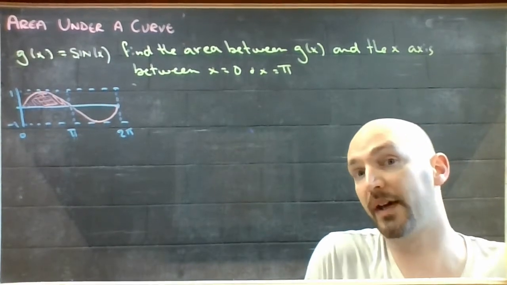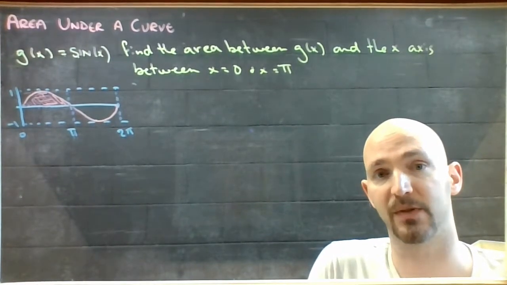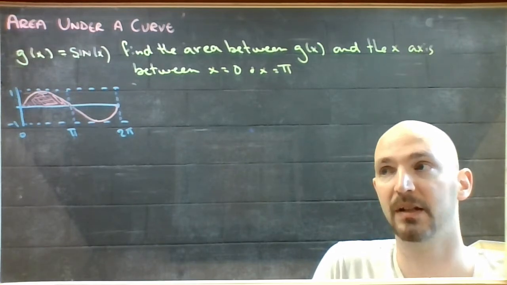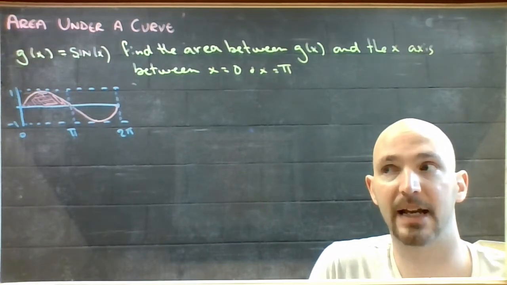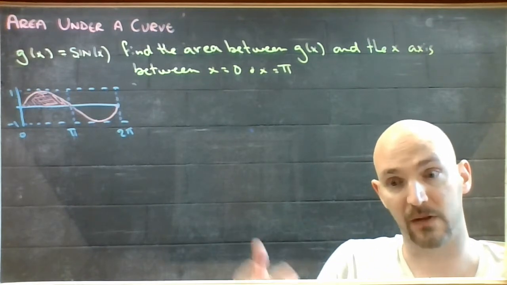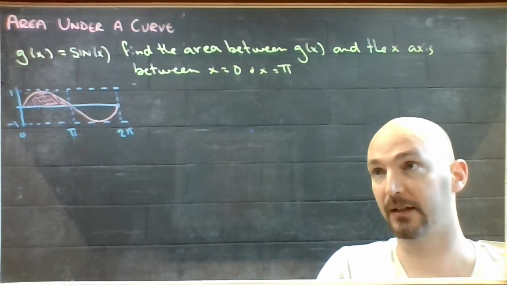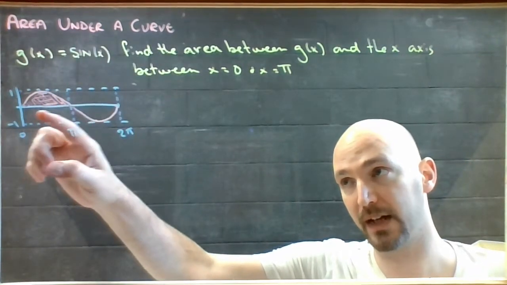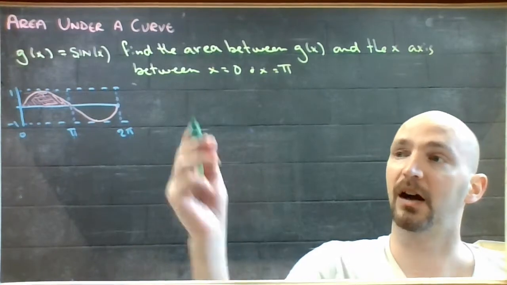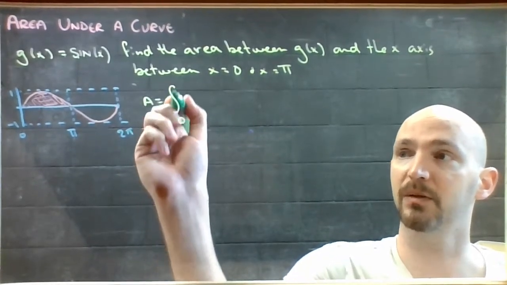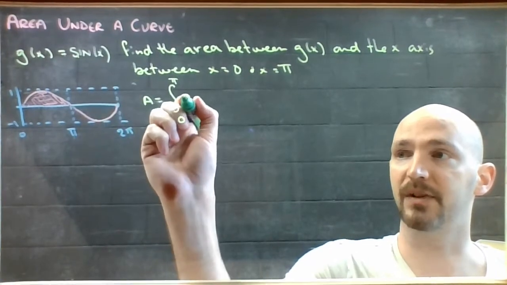So there's no way to write that as rectangles and triangles. It's the wrong curvature to use a circle segment. So I have a function that I normally wouldn't be able to get the area under until now, until I have this integration technique. So to get the area under this curve, right, it's bound by an axis and the curve, all I have to do is integrate between 0 and pi of this function.